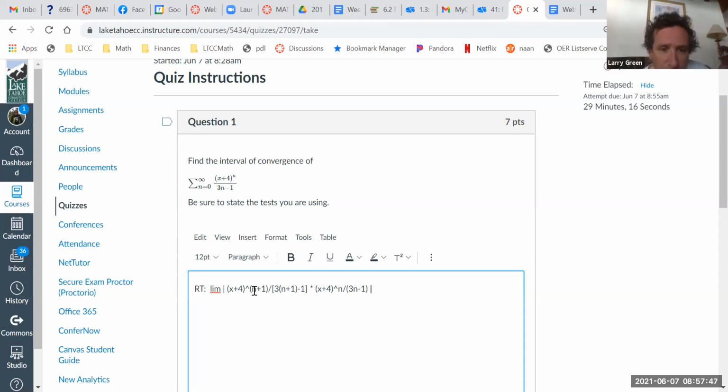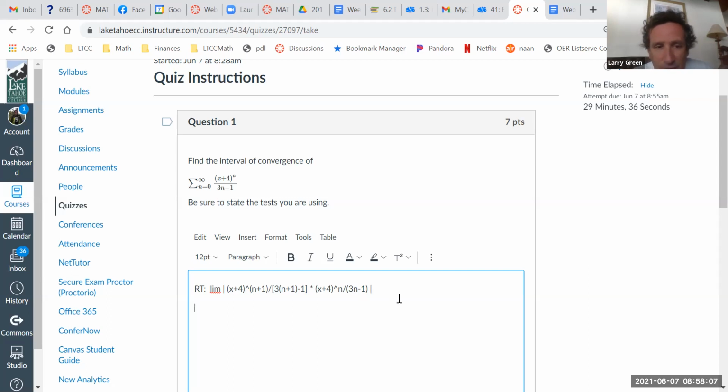So what about (x + 4)^(n+1) over (x + 4)^n? What does that piece simplify to? Yeah, that's just x + 4.